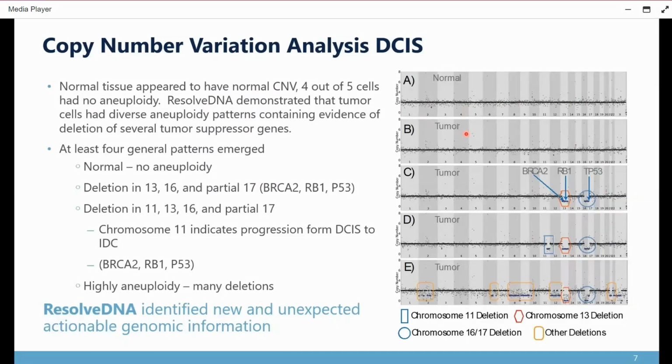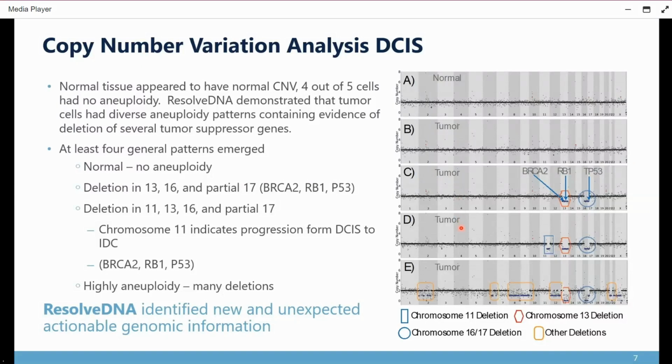When we look at cell 1, cell 2, cell 3, and cell 4, shown as B, C, D, and E, you can see the differences in the copy number variation plots. The tumor 1 sample, labeled B, looks pretty normal. But when we get to tumor 2 and tumor 3, we start to see some deletion events in chromosomes 13, 16, and 17 that are known to be associated with breast cancer.